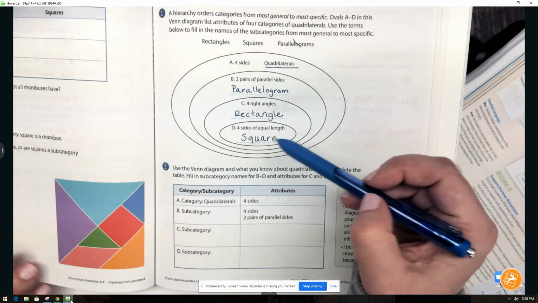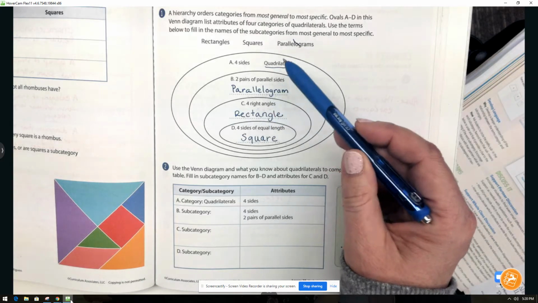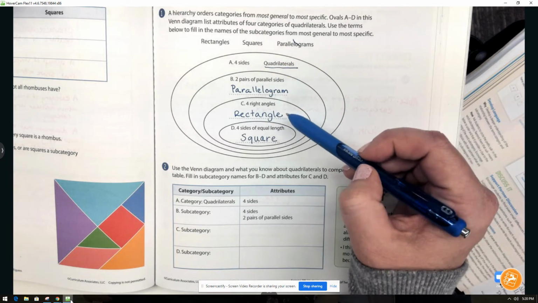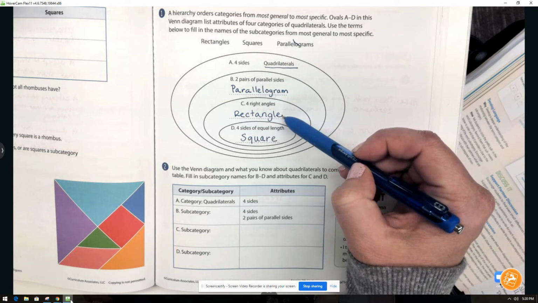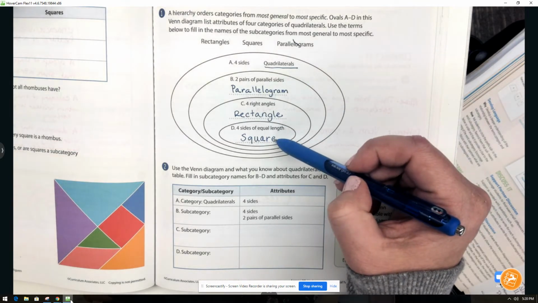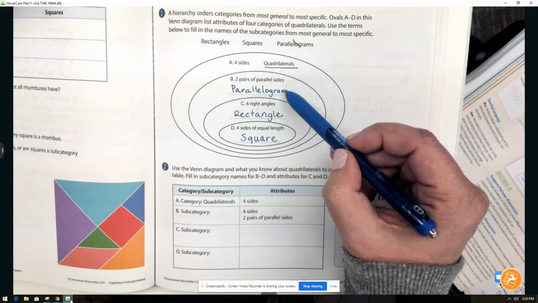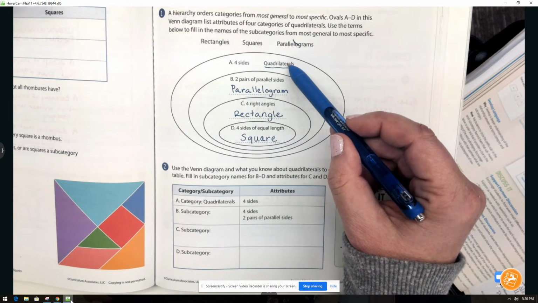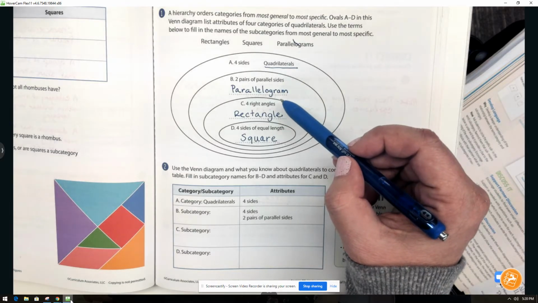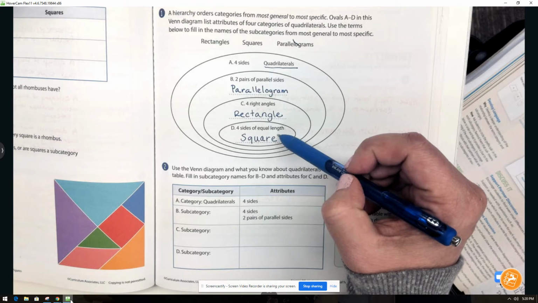As I mentioned before, all squares are rectangles, parallelograms, and quadrilaterals. All rectangles are parallelograms and quadrilaterals, and some rectangles are squares. All parallelograms are also quadrilaterals. Some parallelograms are rectangles, and some parallelograms are squares.